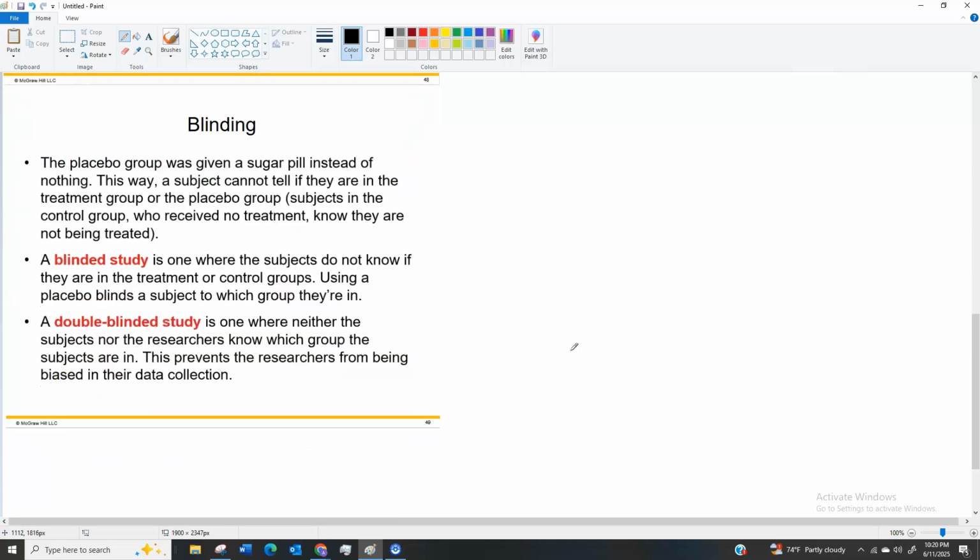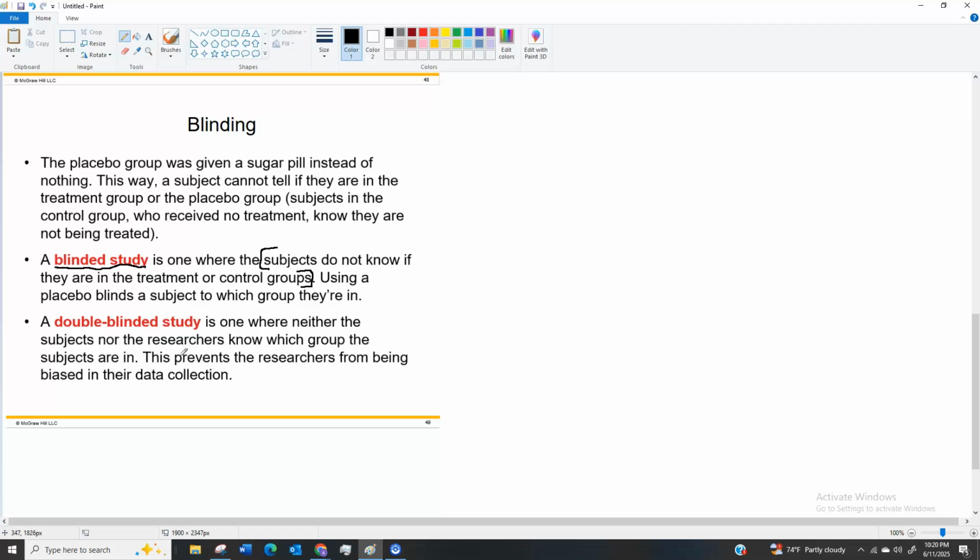So let's go to talking about blinding. Blinding is really important in research studies, and it sounds like something really fancy, but all it really means is that a blinded study is where the subjects do not know if they are in the treatment or the control group.